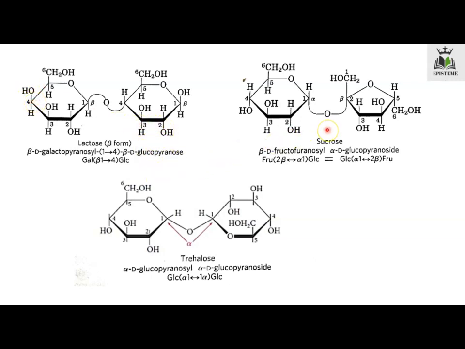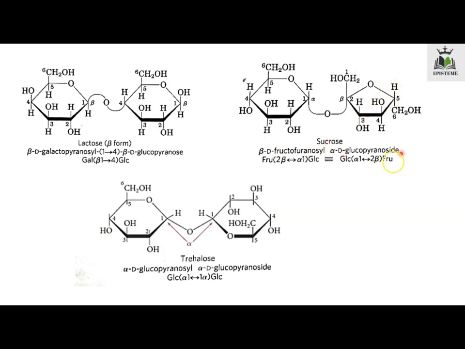Next we have sucrose. Sometimes we can also write the scientific names from an alphabetical point of view. Like fructo, F comes before G, so that's why sometimes we prefer writing the names in alphabetical order.